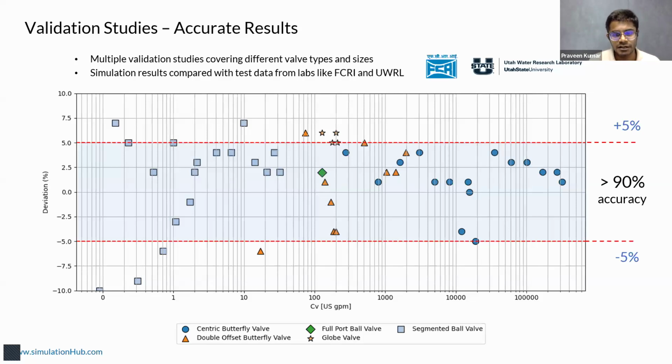It covers a wide range of sizes and different types of valves. All sorts of CVs, diameters, and valve types are covered. And what we observed is that we consistently fall in the range of plus or minus 5% error, which is pretty good in CFD terms.